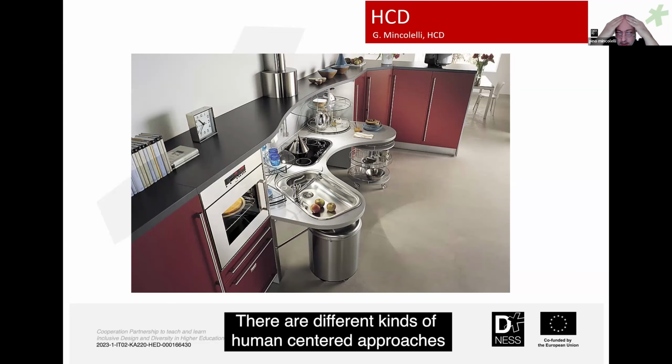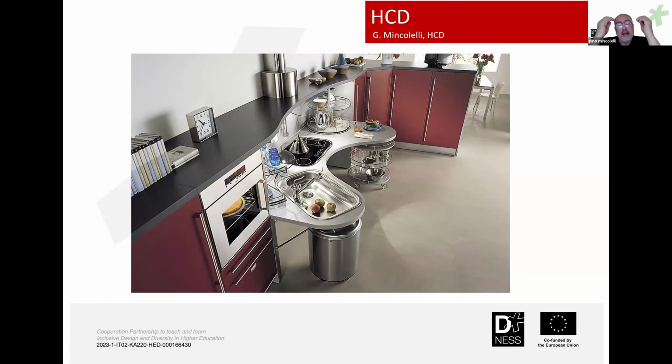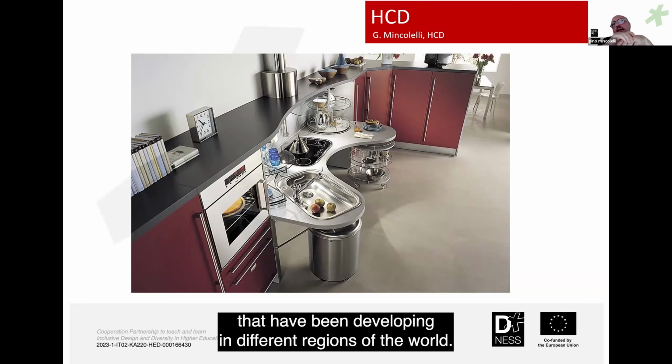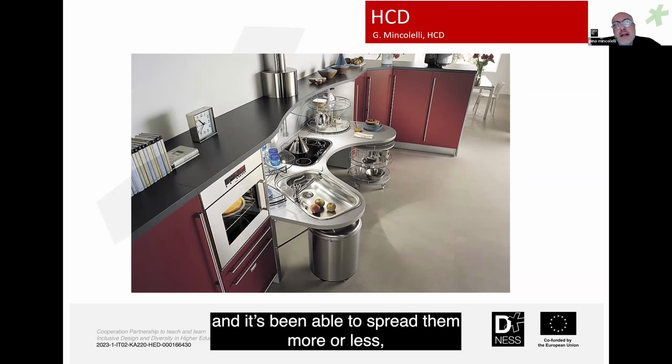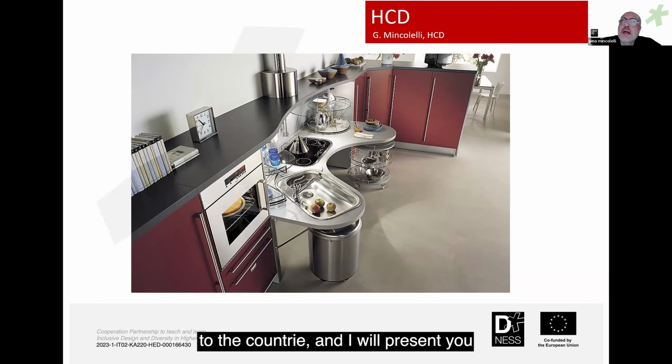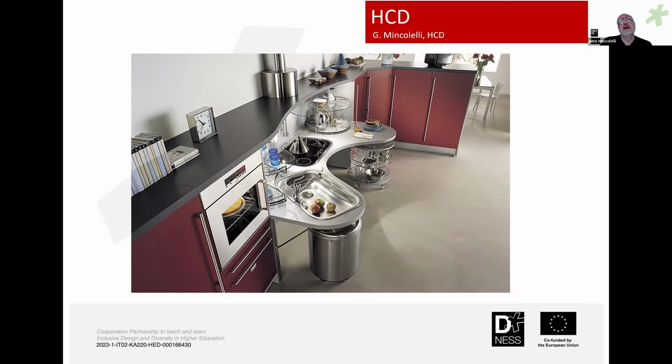There are different kinds of human-centered approaches that have been developing in different regions of the world, and they have had more or less success, and have been able to spread more or less through the countries. And I will present you the three most important ones.